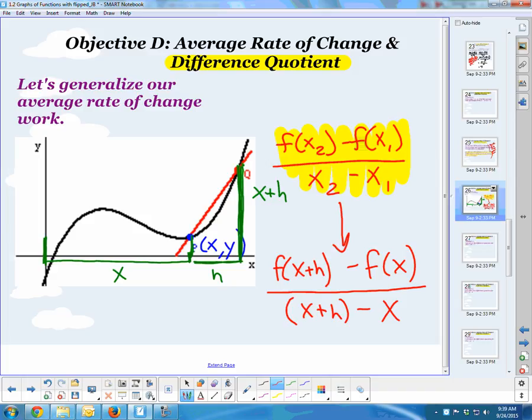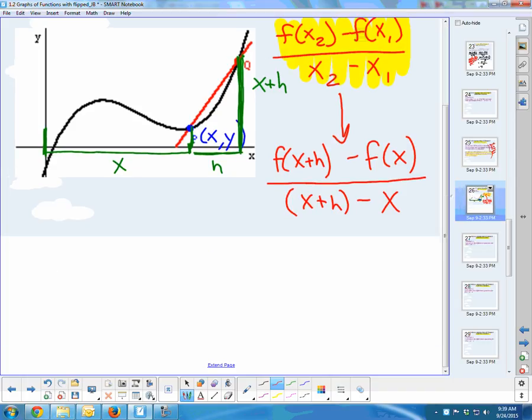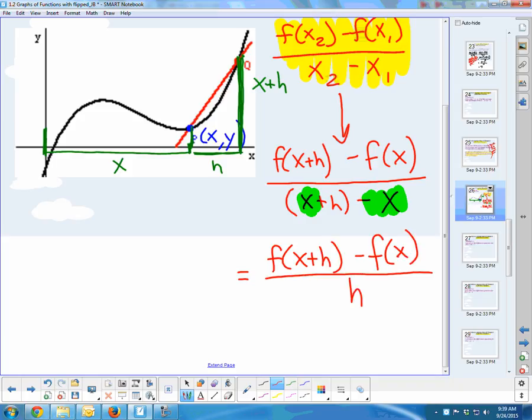So a slight change, and then one more change, because if I look at the denominator of my current formula, I have a positive x minus an x. Those would give us 0. And so now my final difference quotient is going to be f of x plus h minus f of x over h.